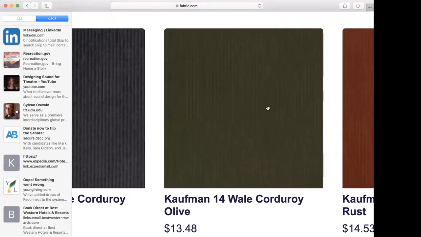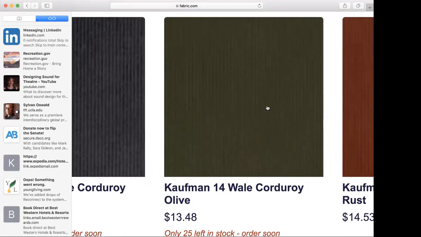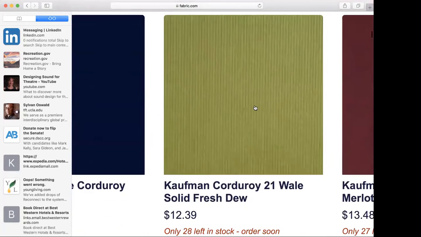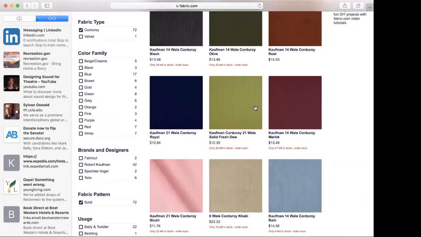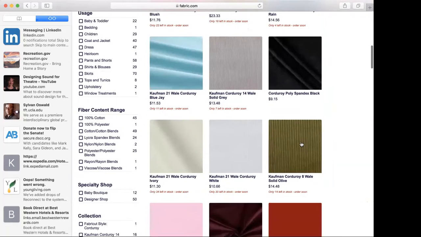So that would be a fairly good way to represent exactly what we were talking about if we said we needed green corduroy. And you can still do a sample by saying, here's corduroy, or here's what I have in this color, but here's what it could look like. There's a different color of green corduroy, okay? So it's a really good way to use the tools that we have at hand.